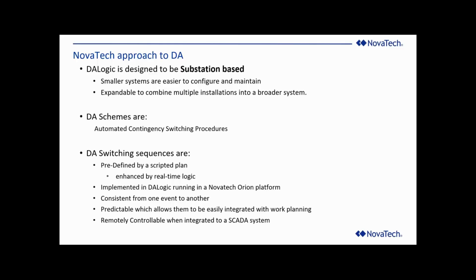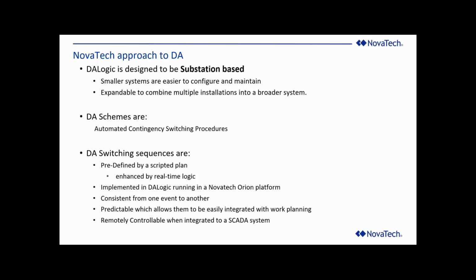It also is a very difficult type of system to test when you have an unpredictable system like other systems outside of NovaTech. So they tend to be put in service with a trust me attitude that the software is going to work. The NovaTech approach is that it's a scripted plan that will always operate the same way.